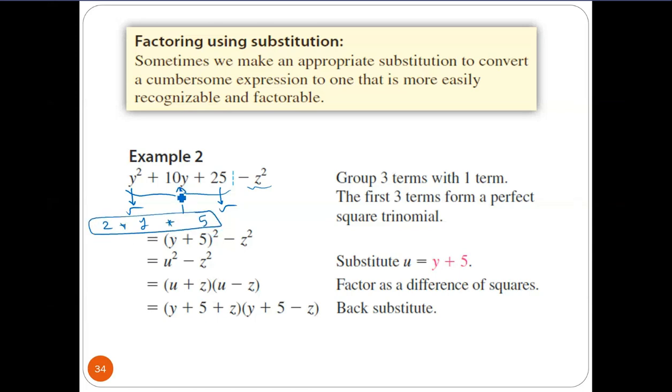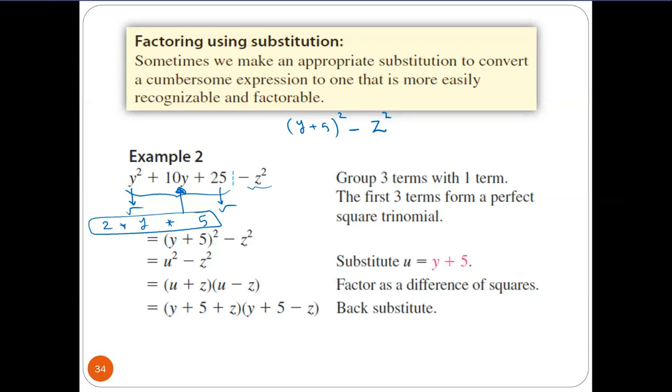This is in the second term. So this is the perfect square. So we have y plus 5 squared.